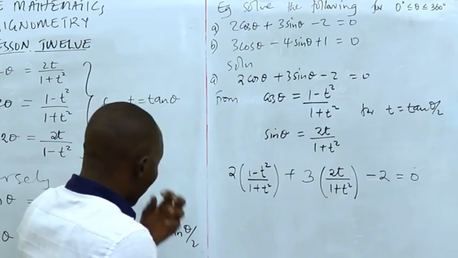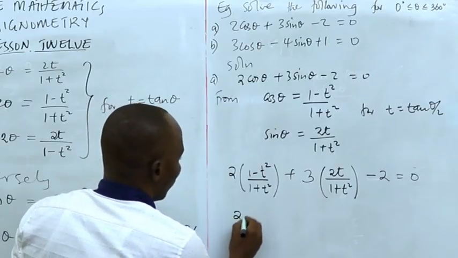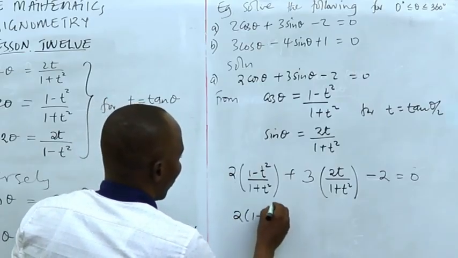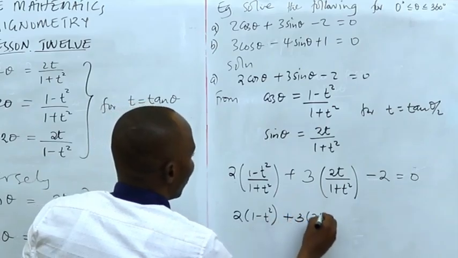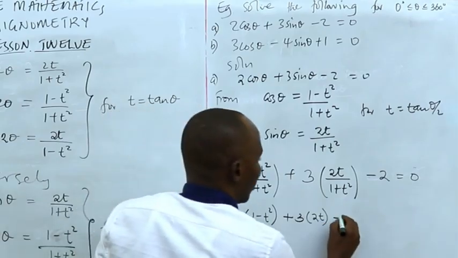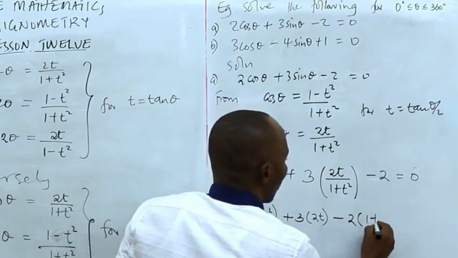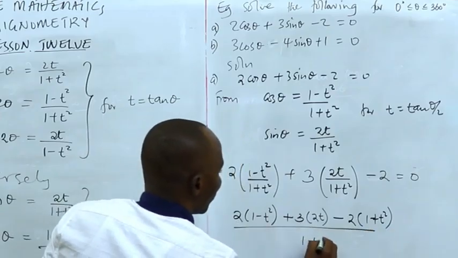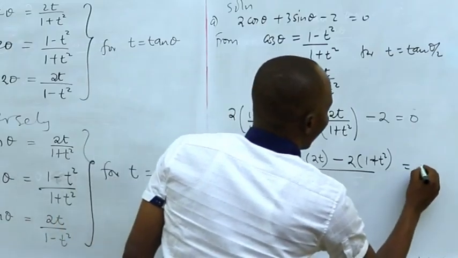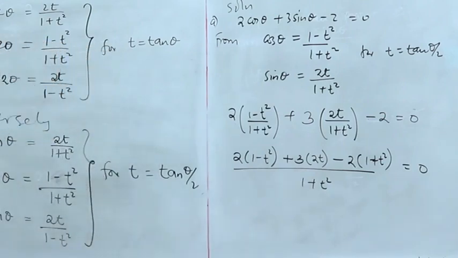Okay? So, we have 2 into 1 minus t squared plus 3 into 2t minus 2 into 1 plus t squared, all over 1 plus t squared. I've placed everything under the same LCM. You have a 0 there.